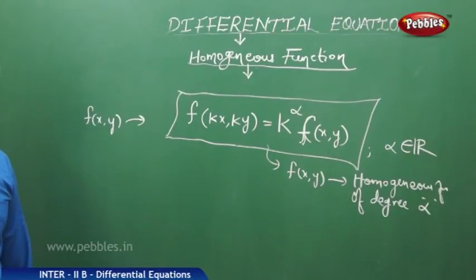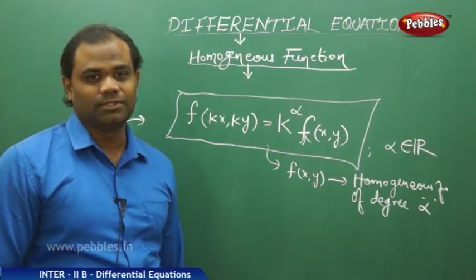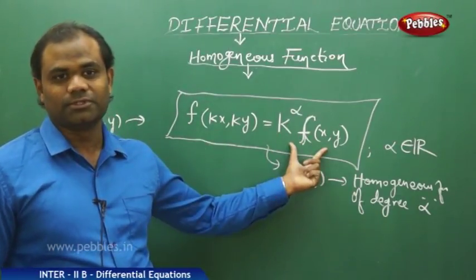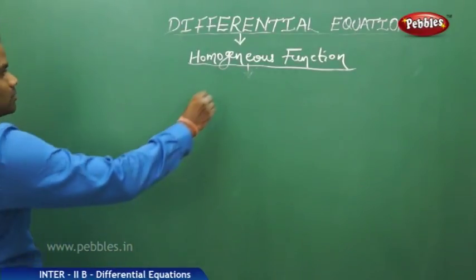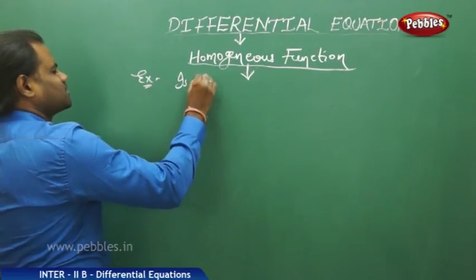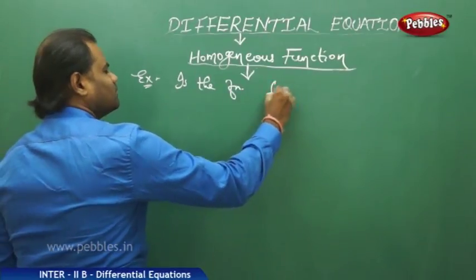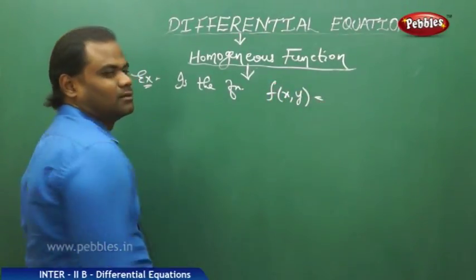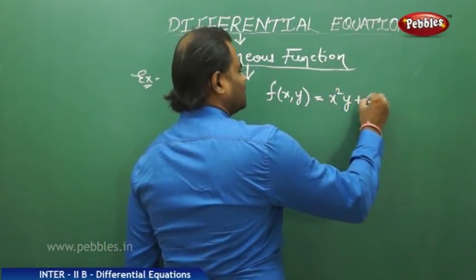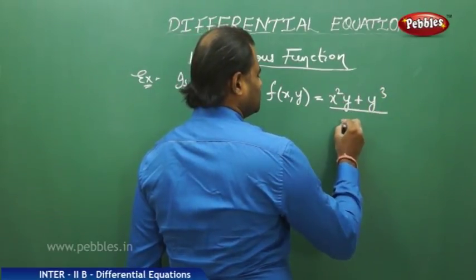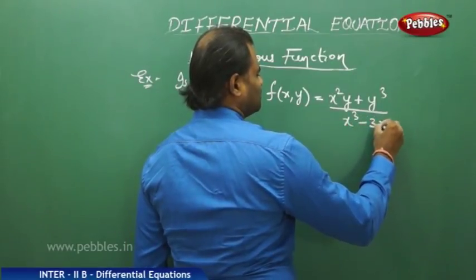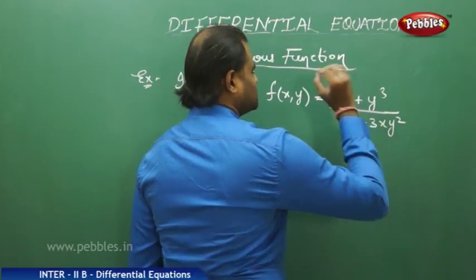So let's identify some functions to be homogeneous or non-homogeneous, as related problems using the definition of testing for homogeneity. Now let's try this problem, where the question says: is the function f of xy equals x square y plus y cube by x cube minus 3x y square homogeneous?